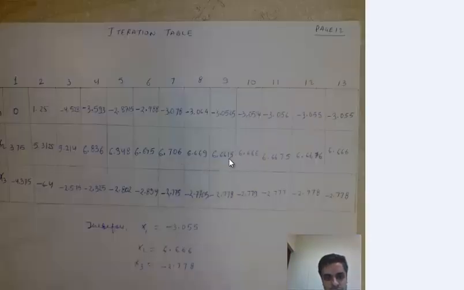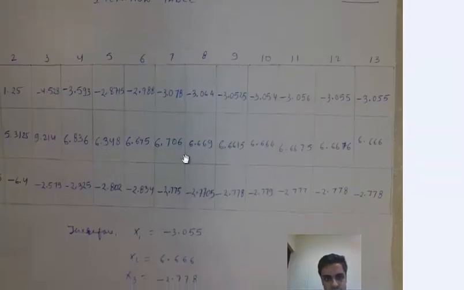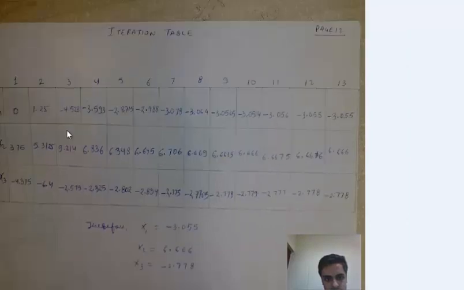Here is the iteration table, in which we have calculated the values of x1, x2 and x3 in 13 iterations. We can observe that the value of x1 is getting repeated after the 12th iteration.